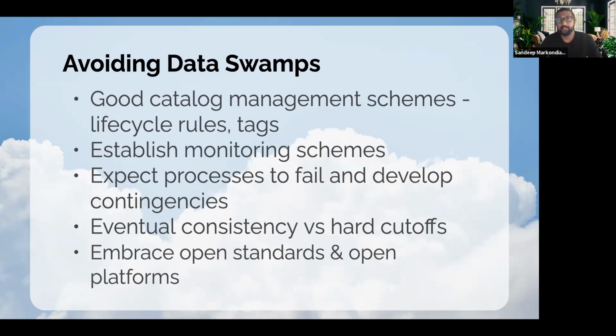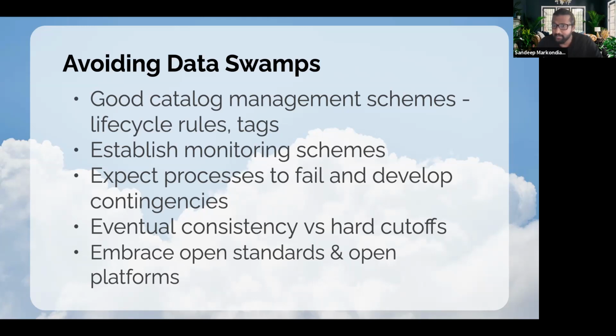So there is something called a data swamp, which can happen. You have heard of data lakes. A data swamp is where a data lake is mismanaged and it turns into a behemoth later on, which is unmanageable. So how do we avoid that scenario?